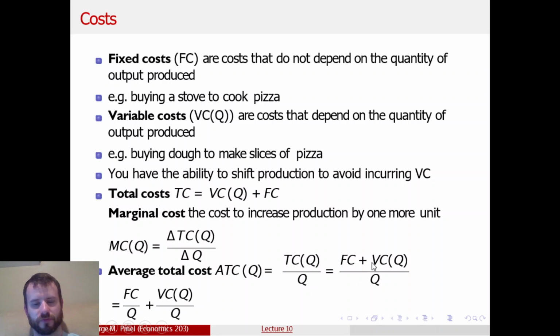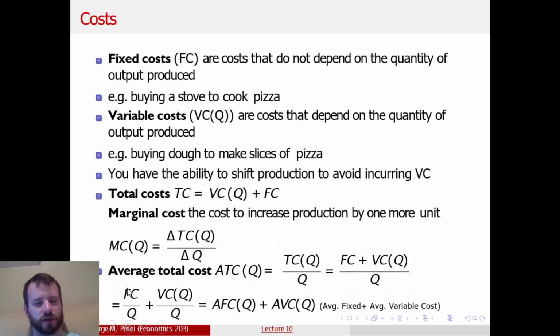You can always use the distributive property to divide FC by Q and VC by Q. But not the other way around. If it was an addition in the denominator, you can't do that. Just a side note, FC divided by Q plus VC divided by Q is also another way of writing your average total cost.